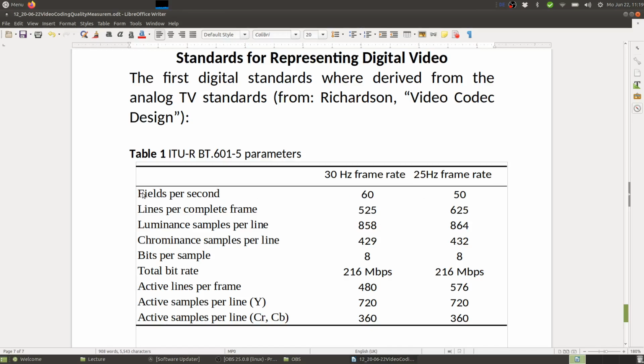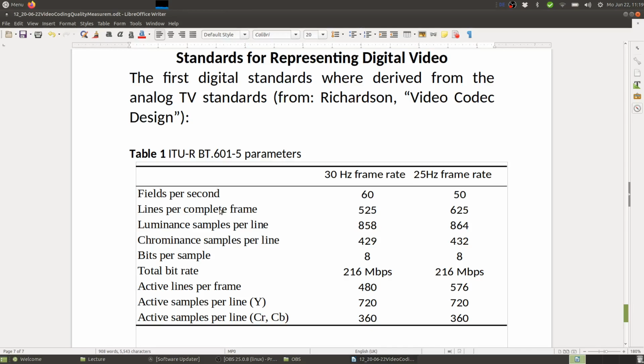So here the fields are the half frames, right, where you have even and odd rows. So here we have 60 Hertz identical to the power frequency, and here 50 Hertz again identical to the power frequency of those 50 Hertz countries, which are basically the rest of the world.